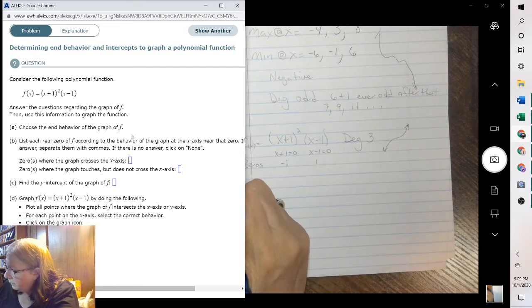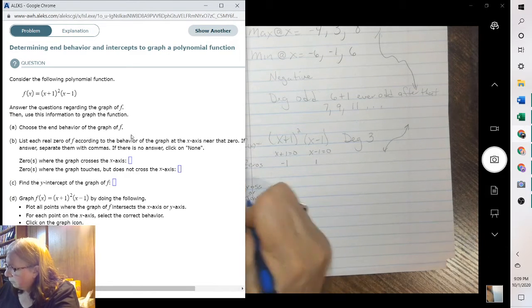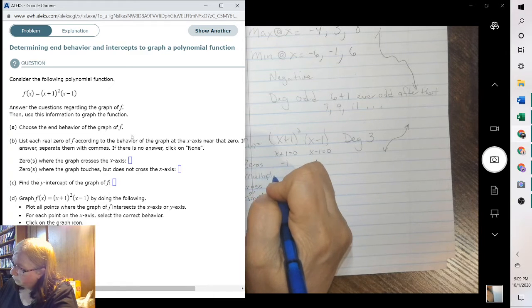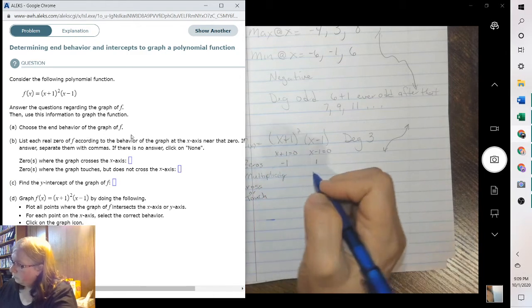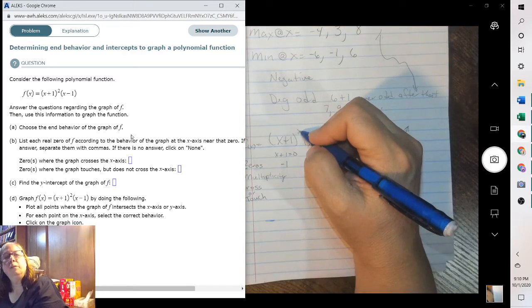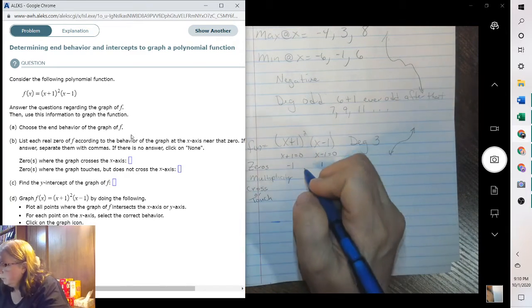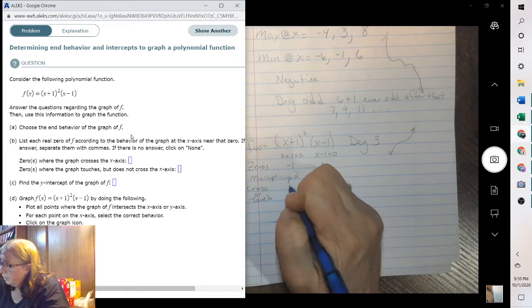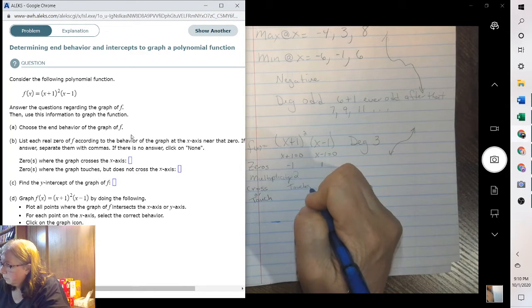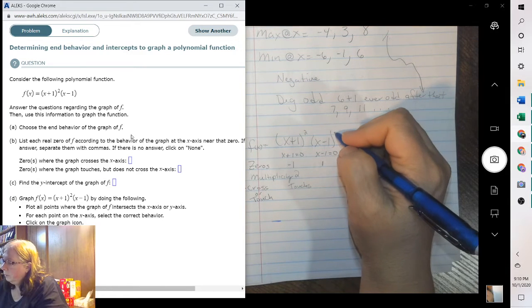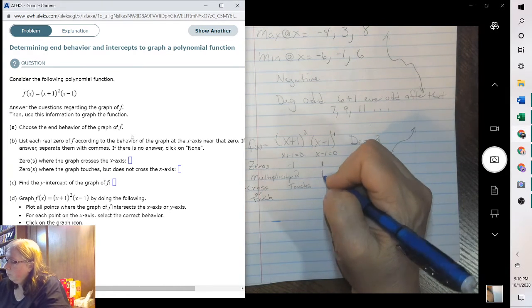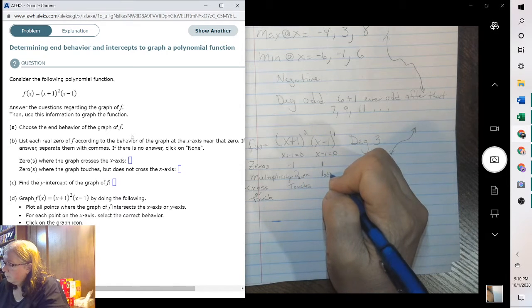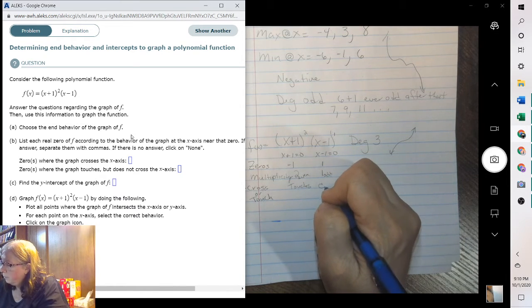It touches if it's even. The multiplicity is the exponent. So the exponent on this one is a 2, which is even, so it touches. This one, the exponent is a 1, which is odd, so it crosses.